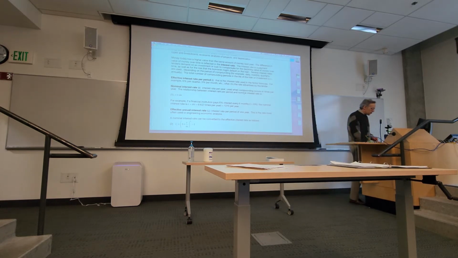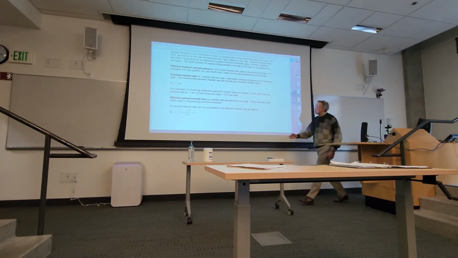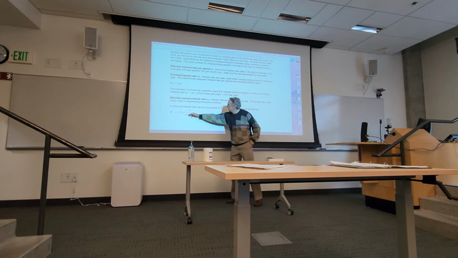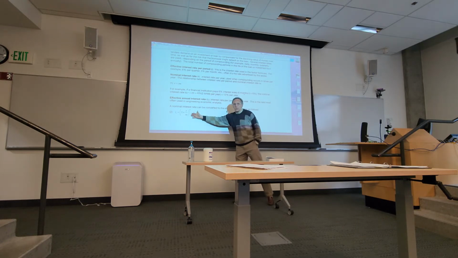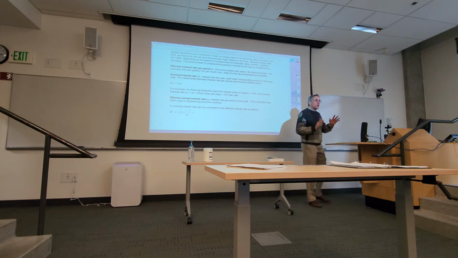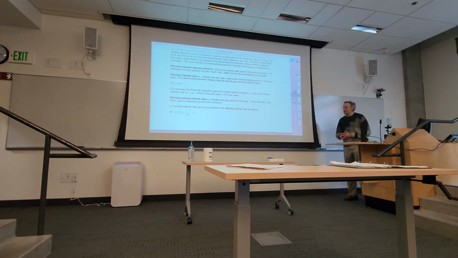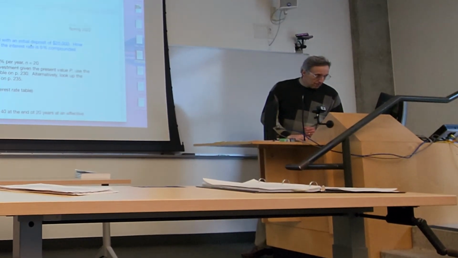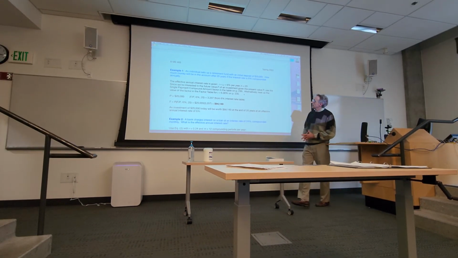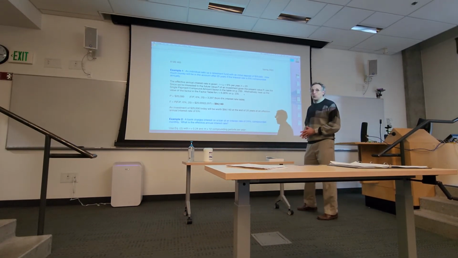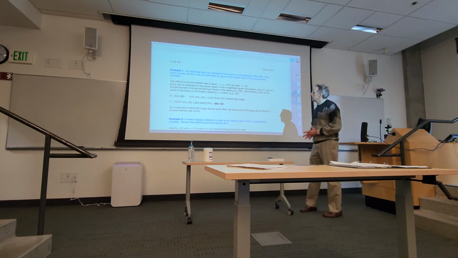The effective annual interest rate would be calculated using this formula here that allows us to go from the nominal rate R divided by the period, which would be 2 in this case, and that would convert the nominal to an effective rate. And in most calculations, we're going to want to use the effective annual interest rate.